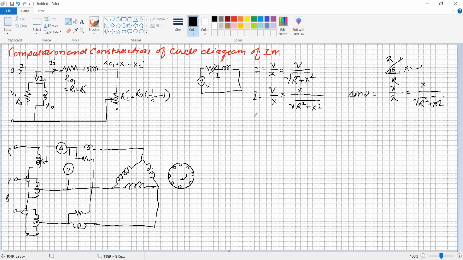So in the equation, current I is equal to V upon X times sine theta. This is the equation of a circle where the diameter is equal to V upon X, and the locus of the current, by varying the resistance, will give a circle, isn't it? Or the tip of the current is nothing but the circle over there.